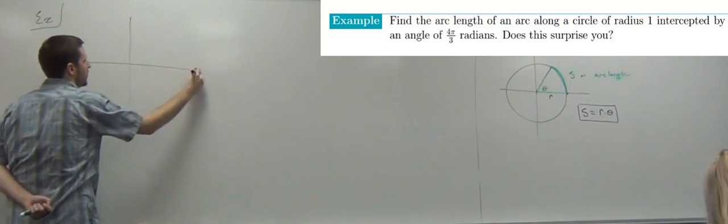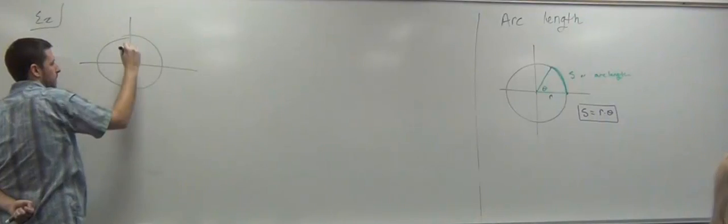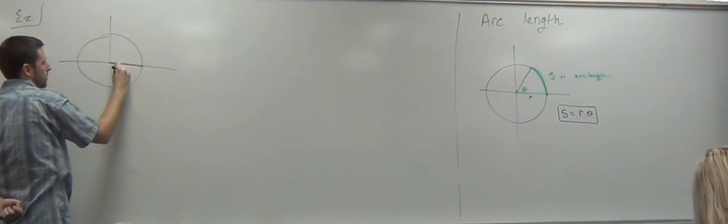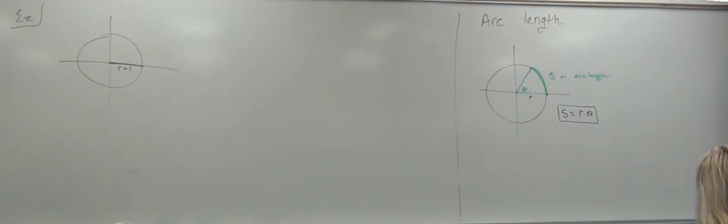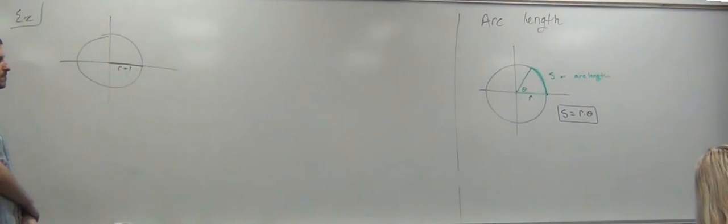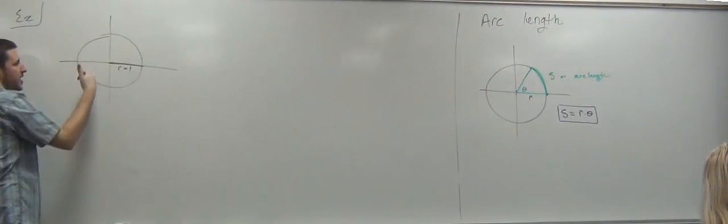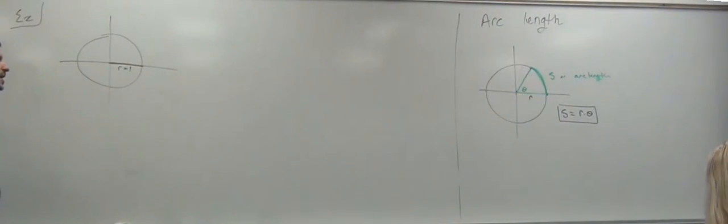So I'm telling you, you have a circle of radius 1, and I want to know the length of an arc if the end of the arc is intercepted by a 4 pi over 3 radian angle. First, just for a picture, where does 4 pi over 3 land? Below the negative x-axis. It's actually in the 3rd quadrant.